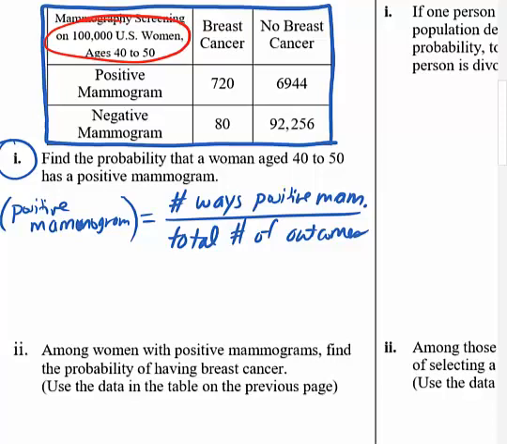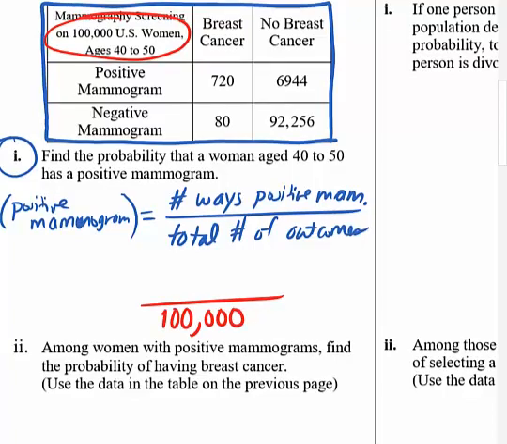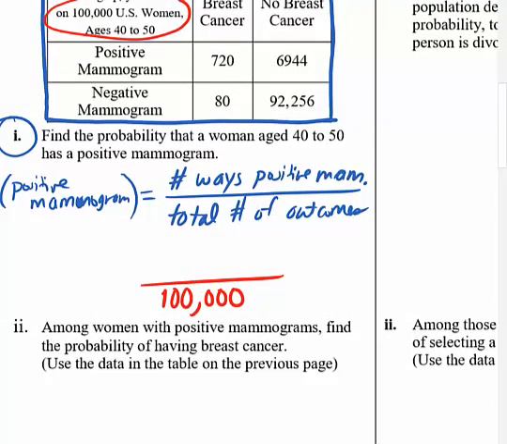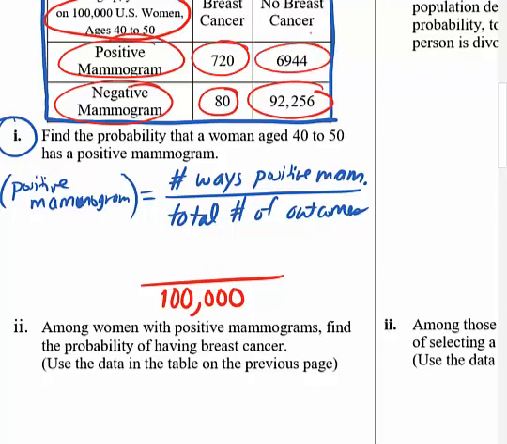So I think the denominator is going to be 100,000, because one of these things happened to them. They had a negative mammogram and they either did have breast cancer or they did not, or they had a positive mammogram and they did have breast cancer or they did not. Something like that, but there are 100,000 women total. So that's the denominator, 100,000 women total.